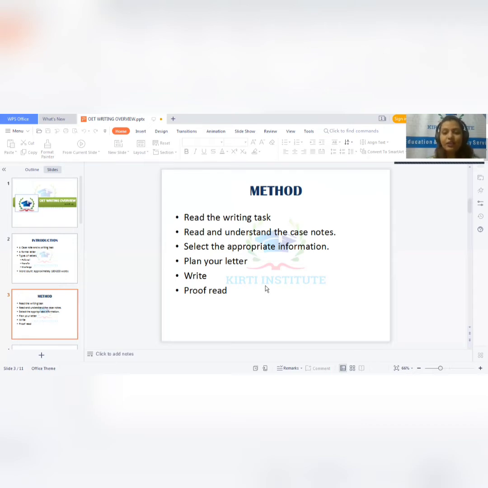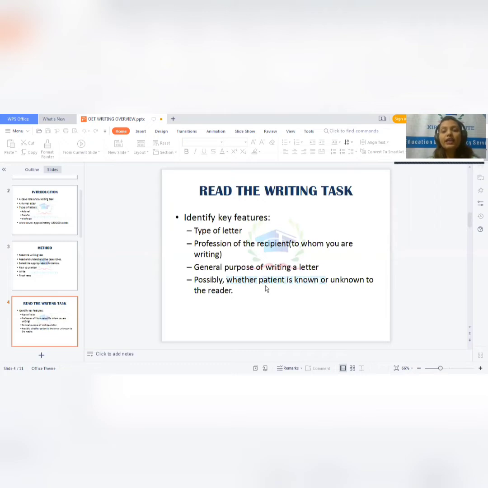So let's get started with reading and identifying the key features from the writing task. While reading the writing task, you will have to identify four main things. First of all, what type of letter you are going to write, whether it is referral, transfer, or discharge. What is the profession of the recipient? Who is the recipient?